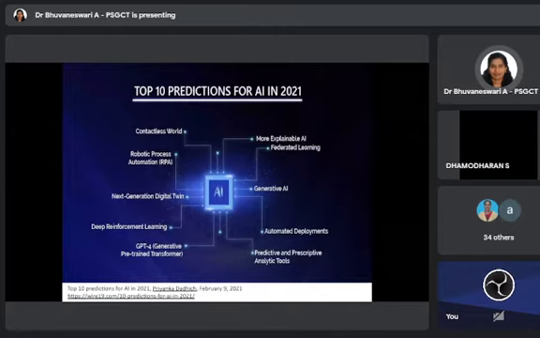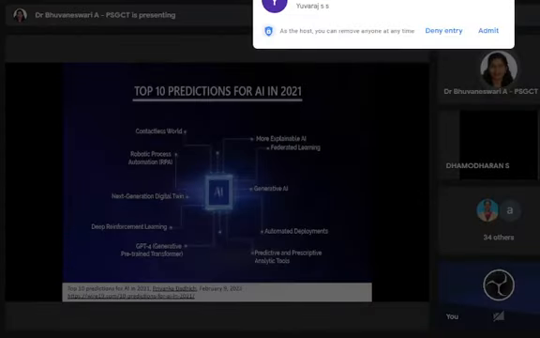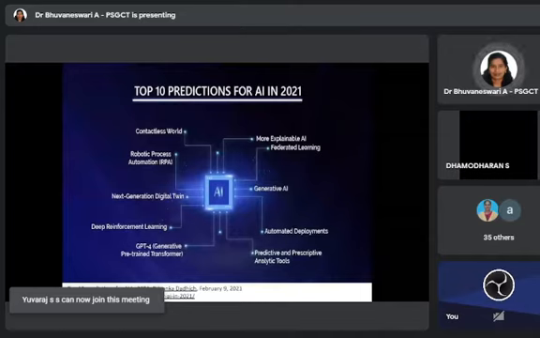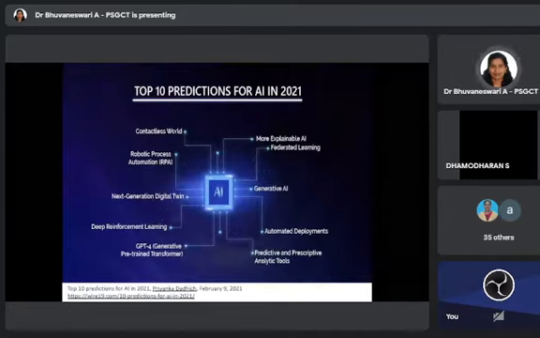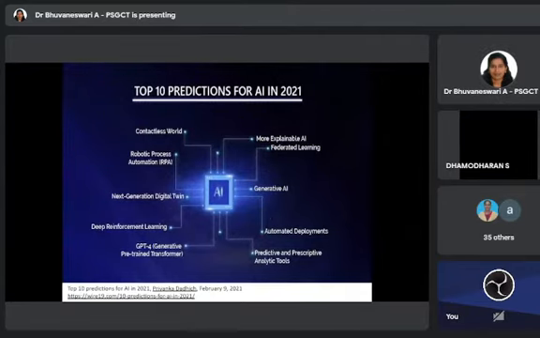The predictions were contactless work, robotic process automation, more explainable AI, federated learning, generative AI, next generation digital twin, deep reinforcement learning, automated deployments, GPT-4, which is nothing but the Generative Pre-trained Transformer, and predictive and prescriptive analytical tools. So these are some of the predictions for AI.